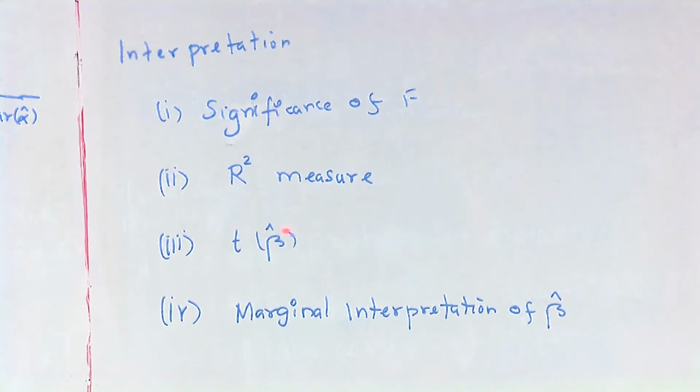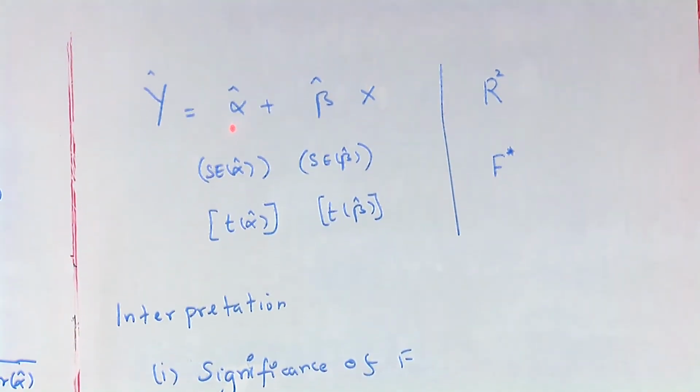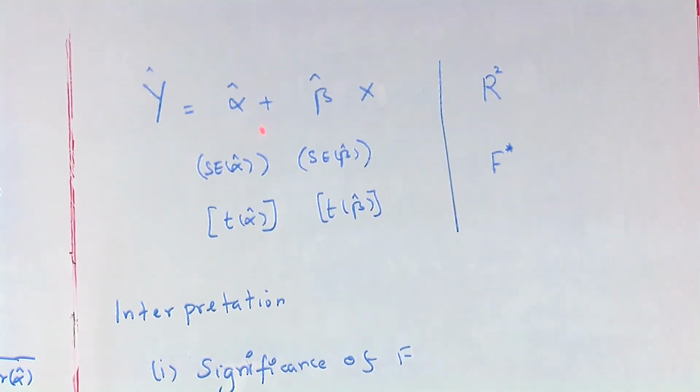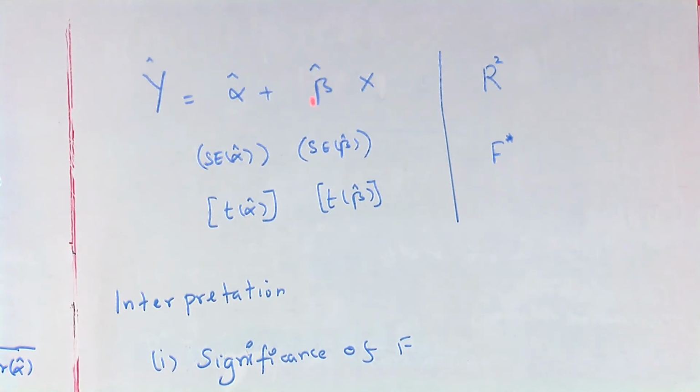Then we will evaluate the individual regression coefficients. In fact, in the usual SLRM, alpha hat will not give much meaning. Mostly beta hat is the value that will be interpreted quite often, because beta hat will have the meaning, and theoretical interpretation could be possible for beta hat.